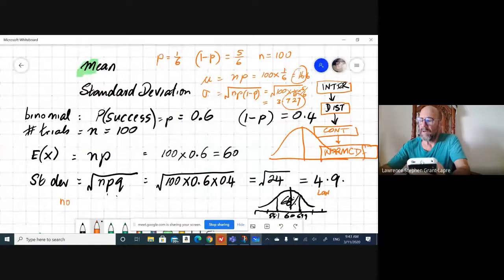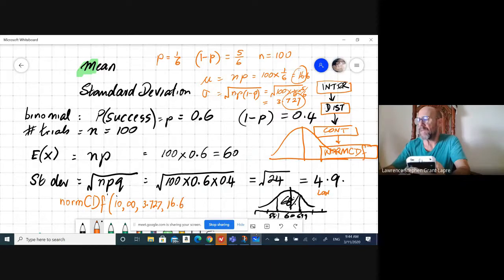And if you want to type it in, you go norm, StDev, the minimum 10, the upper limit infinity, the standard deviation is 3.727, and the mean is 16.67. Put that in your calculator or use the interactive, and you will get your correct answer.